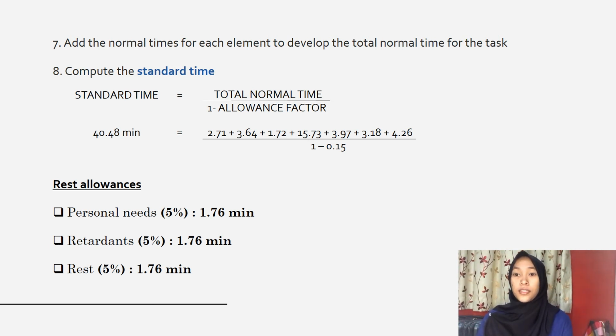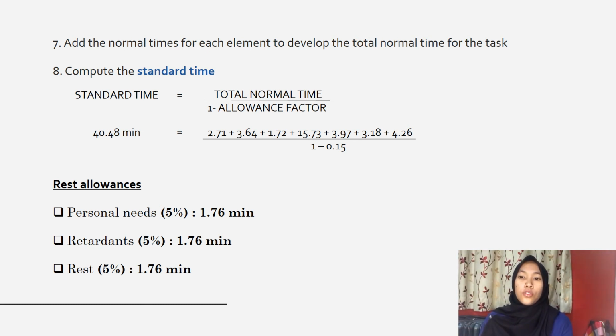To compute the standard time, we need to have the total normal time and divide it by 1 minus the allowance factor. This company gave a total of 15% rest allowance to their workers, which is the allowance for personal needs, fatigue and rest at 5% each.